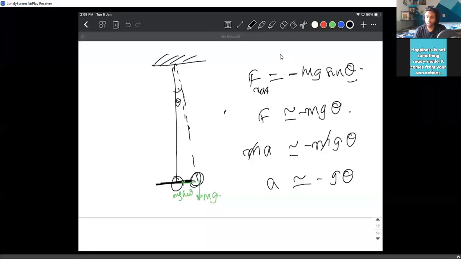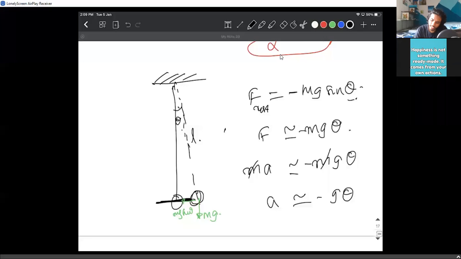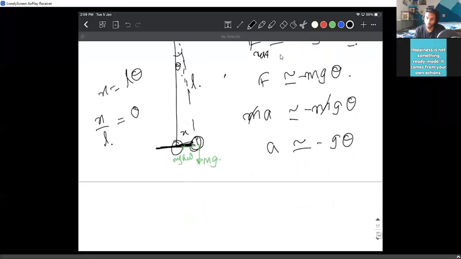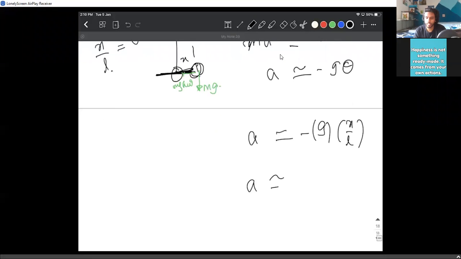Now the important point is, you all remember L theta, the small length, if you call it x, equals L theta. We can write x equals L theta. From this, I'm going to write theta equals x by L. So a equals minus g into x by L. So if I clearly write it, minus g by L into x.